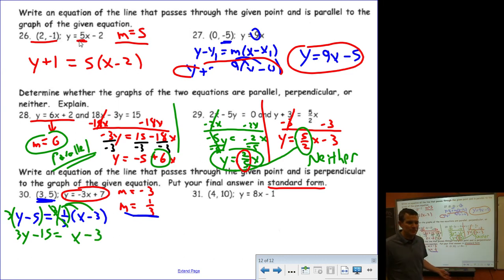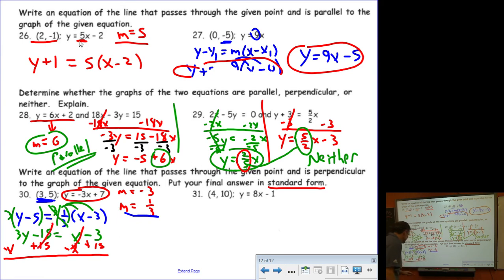Finally, I want to move the terms so they're in the right spots. The x needs to move over to the left, and the 15 needs to move over to the right. And I would have negative x plus 3y equals 12.